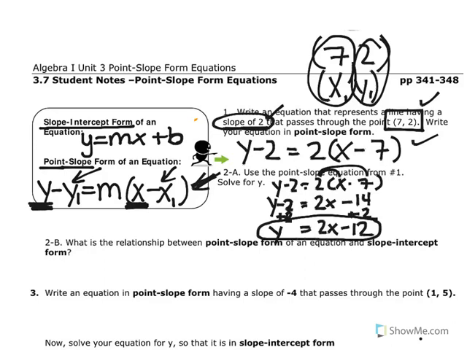Now it says, what is the relationship between point-slope form of an equation and slope-intercept form? Well, they both are the equation for the same line.